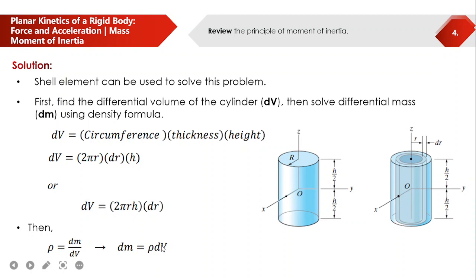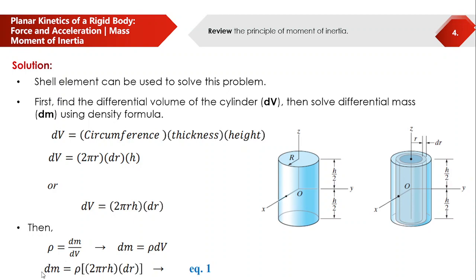This is how you solve for dm so we can substitute it into the moment of inertia formula. That will be dm equals rho times 2 pi r h times dr. That's your equation 1.